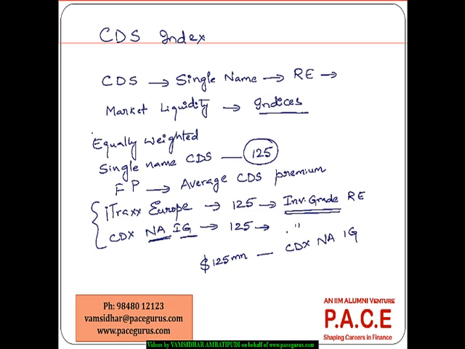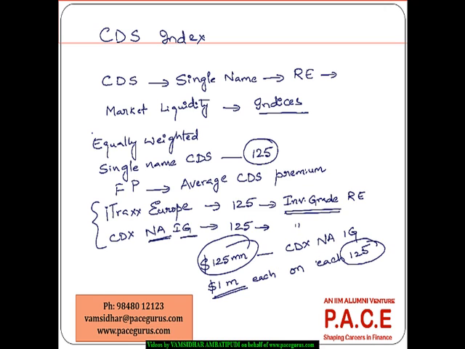It's as good as saying I have bought protection of 1 million each on each of the 125 companies which are registered as a part of the CDS index. So for each of the 125 companies I have bought protection for 1 million. It's the same as having bought 125 million protection on the index.